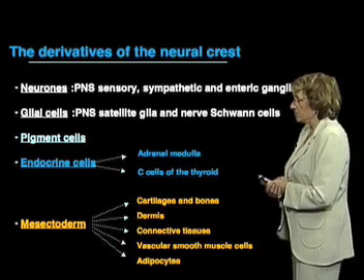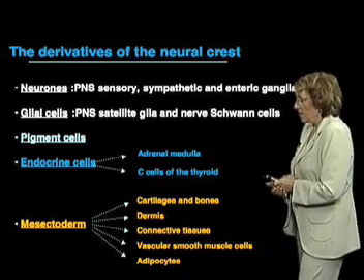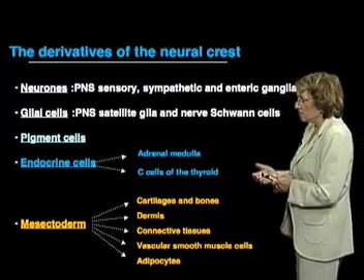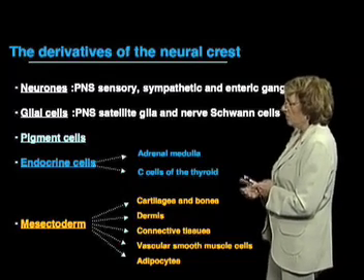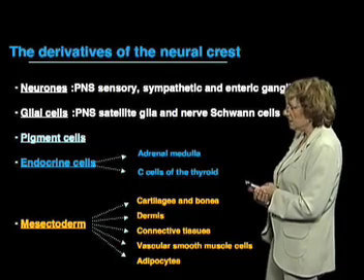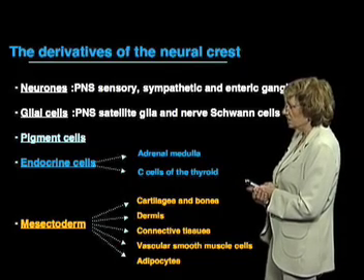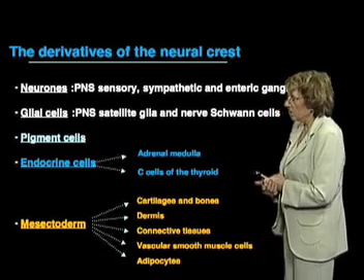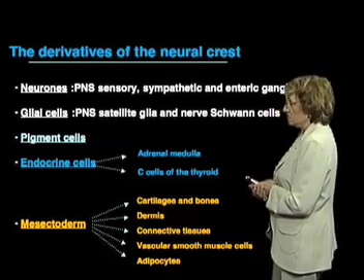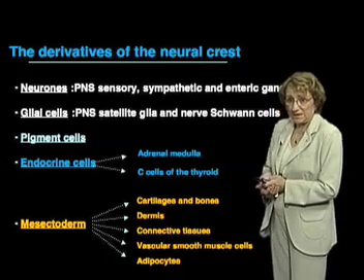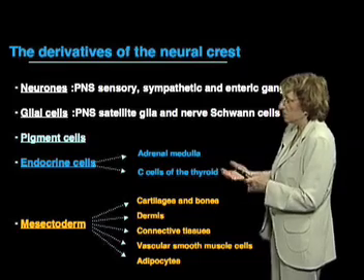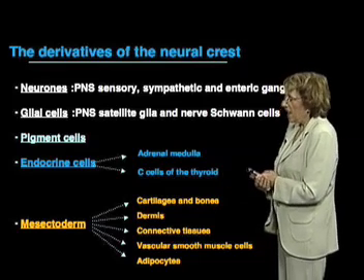The derivatives of the neural crest are numerous and diversified. They include the neurons of the peripheral nervous system. That means the sensory neurons, the sympathetic and parasympathetic neurons, and also all the nervous system which is present inside the enteric system, that means the digestive tract.